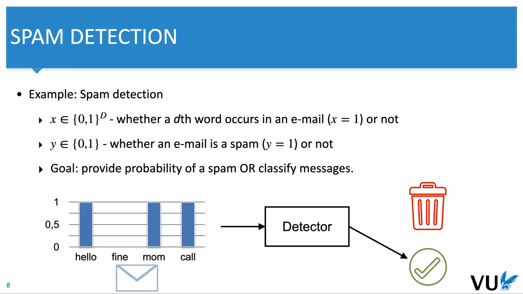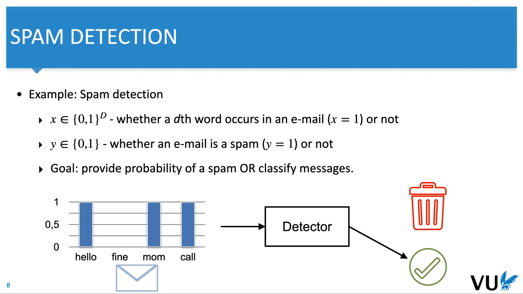We have a spam detector, and how does it work? We represent a message, an email, using some words, a bag of words, and we determine whether a specific word occurs or not in the email. If it occurs, we assign 1, if not, 0. So for instance, let's say that we look at four words like hello, find, mom, and call.